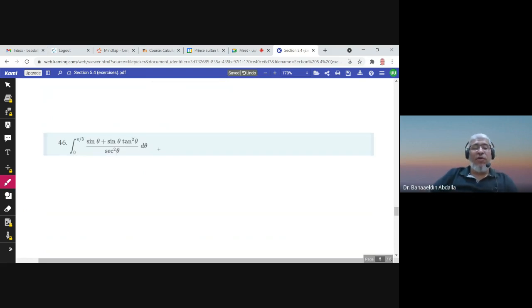Here, if you look carefully at the question, you will notice that if you take sine theta as a common factor from the numerator, you will have 1 plus tan square theta over secant square theta. And in fact, we have some formulas in geometry. We know sine square theta plus cosine square theta is 1.